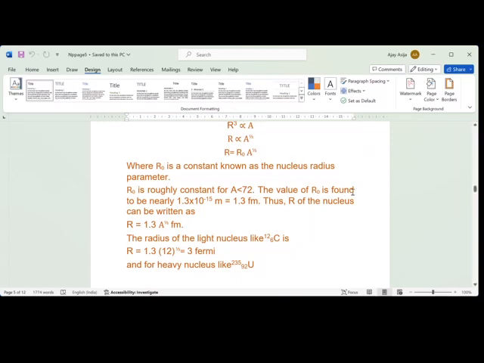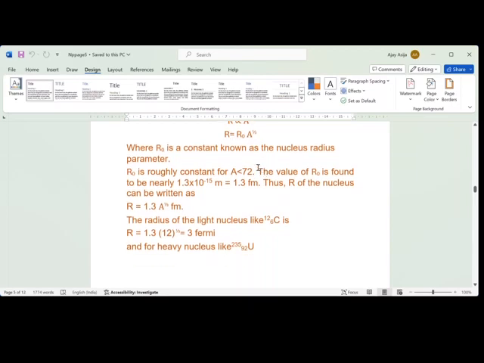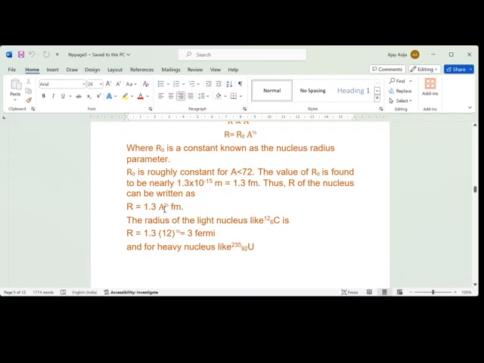The value of R₀ is found to be nearly 1.3 × 10^-15 meter, or 1.3 Fermi. If we put the value of R₀ in this formula, the radius becomes R = 1.3 A^(1/3) Fermi.